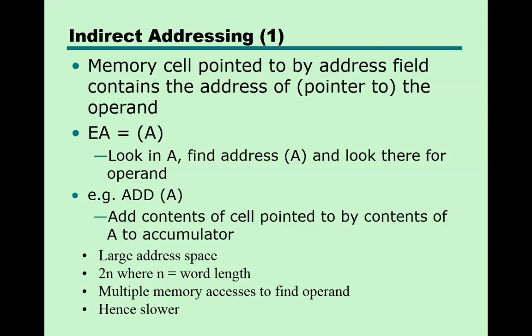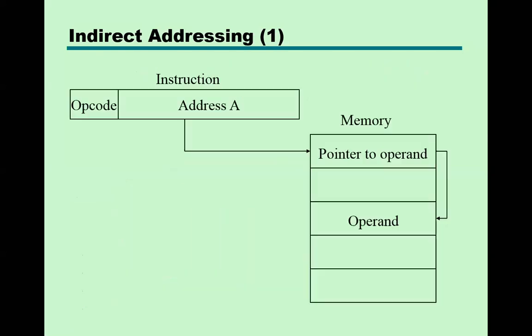Multiple memory accesses are needed to find the operand. Again, this is a disadvantage. Multiple memory accesses, so multiple cycles are required. First, you have to access this memory. Then you have to calculate the operand memory address, and then access the operand.